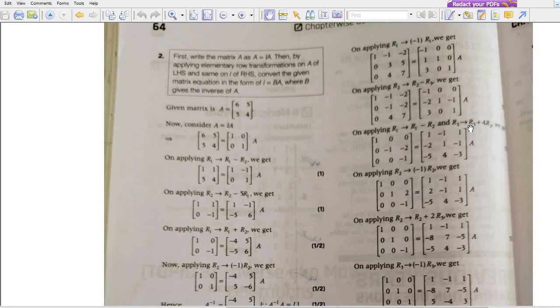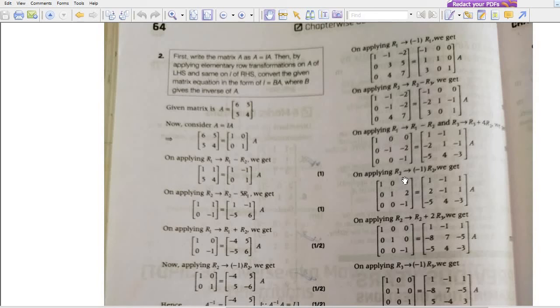And row 3 goes to row 3 plus 4 row 2: 0 plus 0 is 0, minus 4 plus 4 into minus 1 is again 0, 7 plus 4 into minus 2 is minus 1. The same operation we do on the right hand side also.